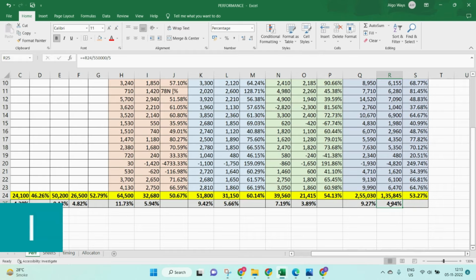Now there's a question: are we getting this 135,845 as the net return in our account? The answer is no, because we of course will have brokerage and expenses. These brokerage and expenses are different for different weeks of the month.